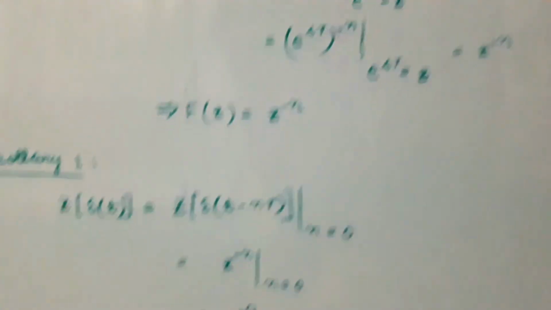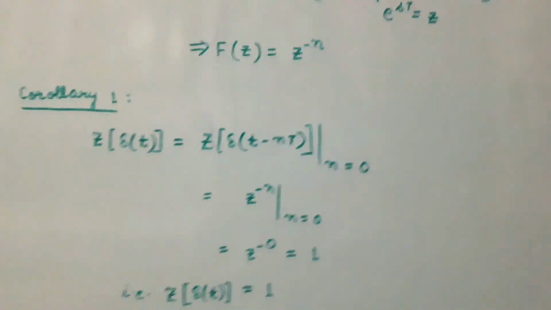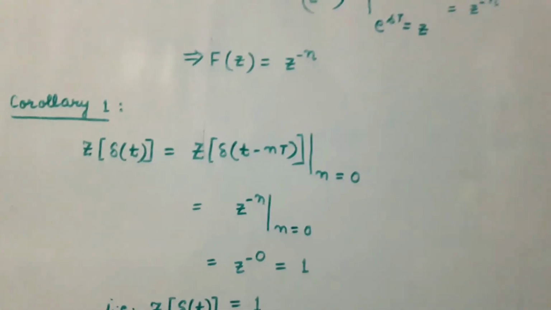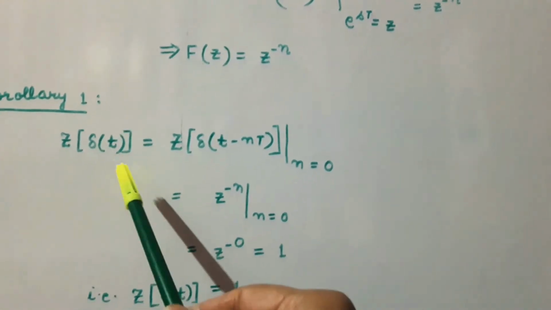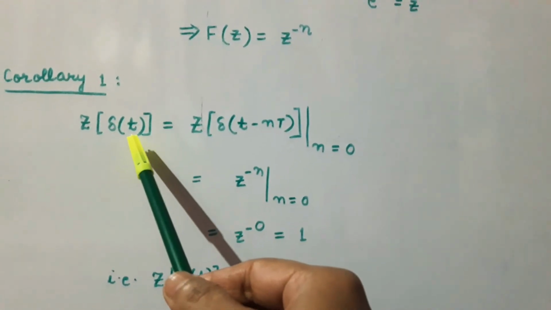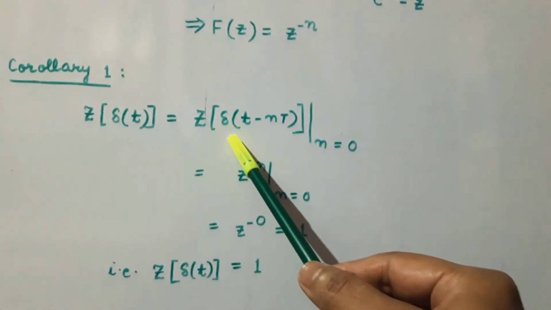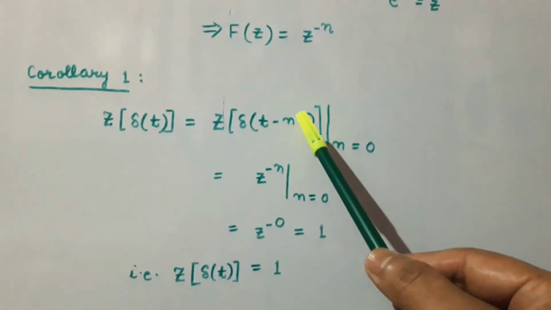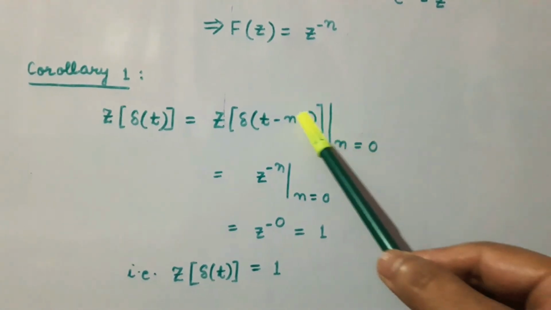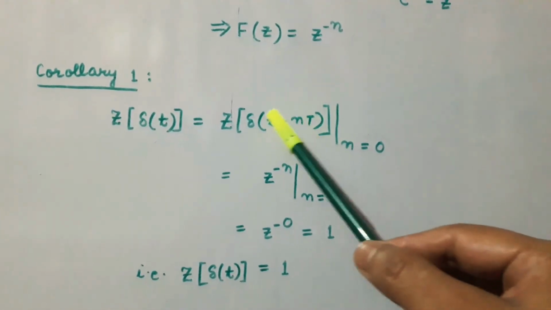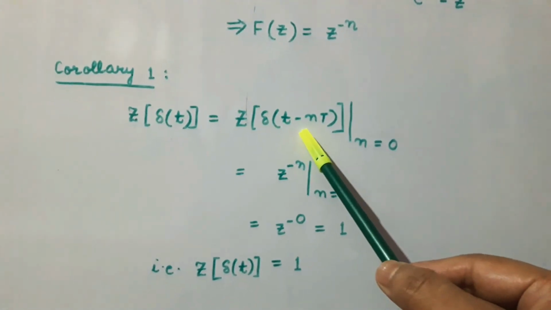And from this we also conclude that if we want to find out the Z transform of the impulse function, then this can be written as the Z transform of delta(t - nT) when the value of n is 0. That is, if we substitute n equal to 0, we will get the same function delta(t).